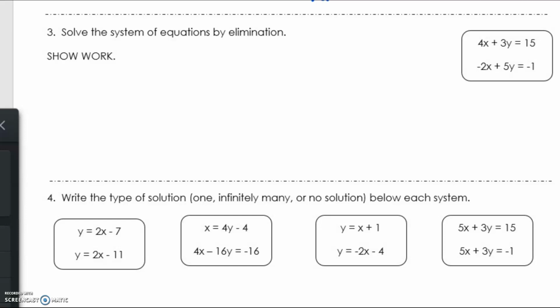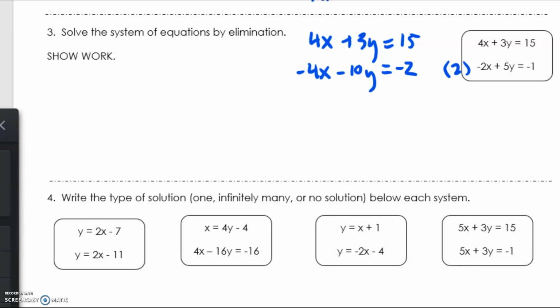So I'm going to start by rewriting. Okay, and then I multiply the bottom one by a 2. This becomes -4x minus 10y equals -2.